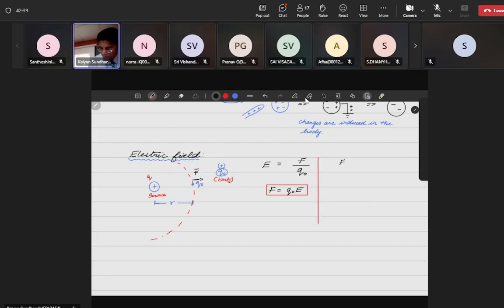Now what is the force between them? K q q naught divided by r square, divided by q naught is being there. So q naught gets cancelled. So your electric field will be k q by r square.